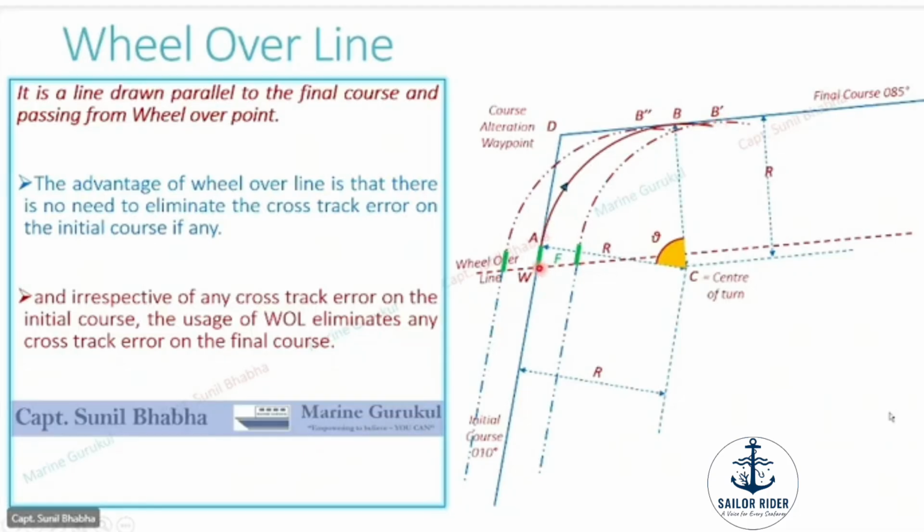Likewise, if the vessel was on the port side of the initial track, we had a cross-track error towards port, it will be reaching the final course not at point B, but at point B double dash. So this is the only difference, but in all these cases, point Bravo, Bravo dash and Bravo double dash, it will reach the final course with zero cross-track error.